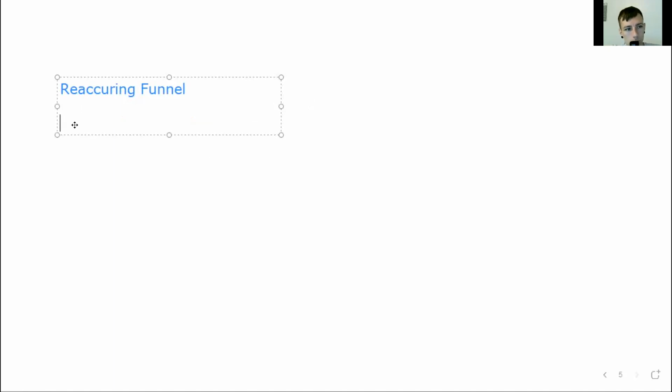Okay. So how I can explain this here is like I said, you could have something like this. So you could have a free course. This is a free course that you give away.